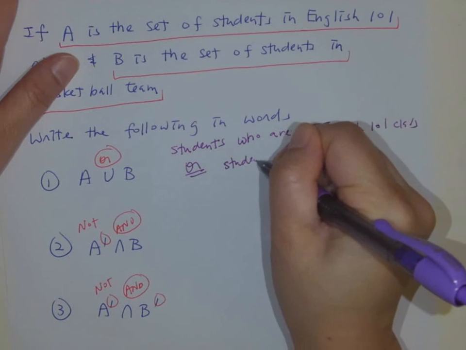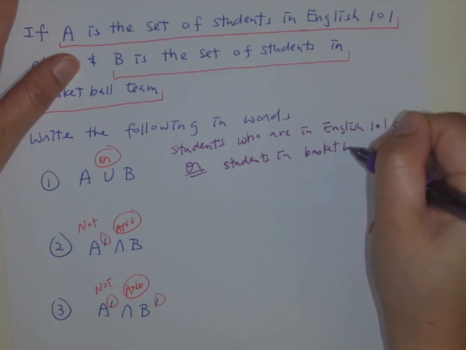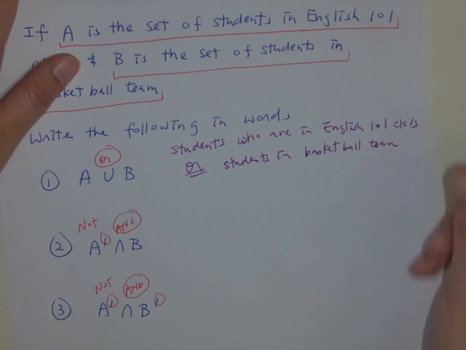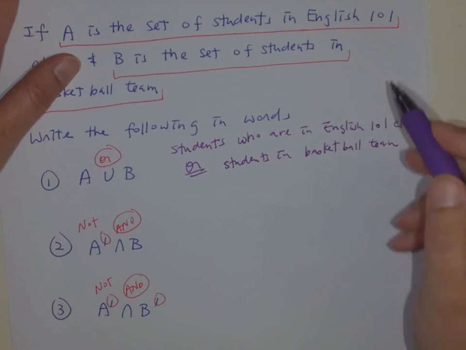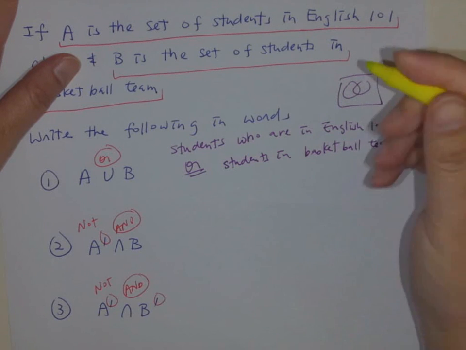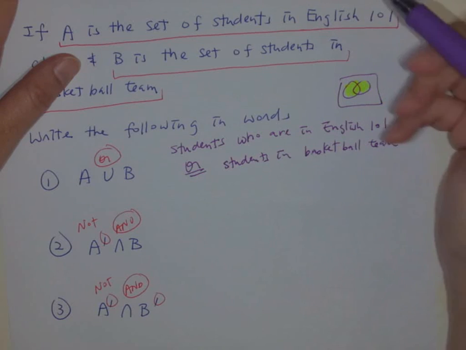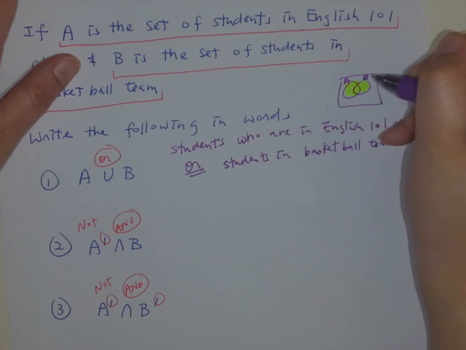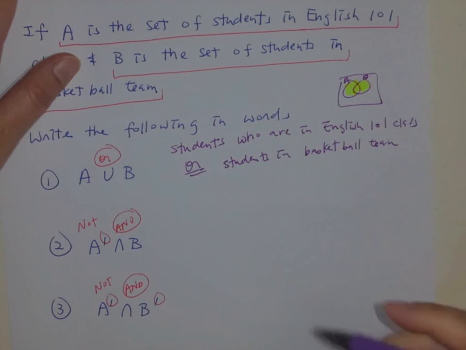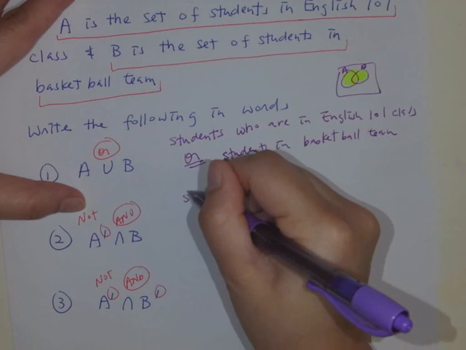Students in basketball team. So if we draw it, it would be anything in the A and B circles would be part of my answer, right? All the people in English 101 and also all the people in basketball team.